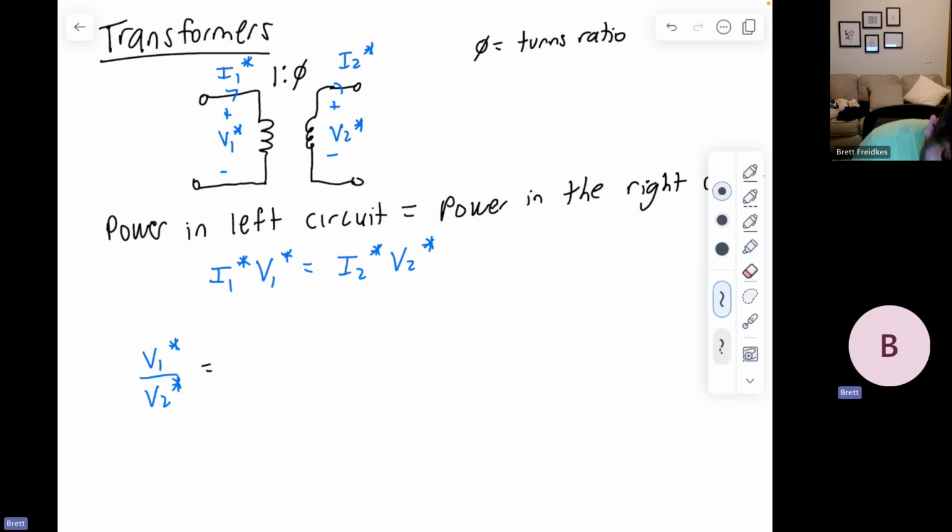And the way that I typically remember this is that literally this 1 is closer to the V1 and the phi is closer to the V2. So I will make sure that if I put V1 star in the numerator, I will put the number that it is closer to also in the numerator.